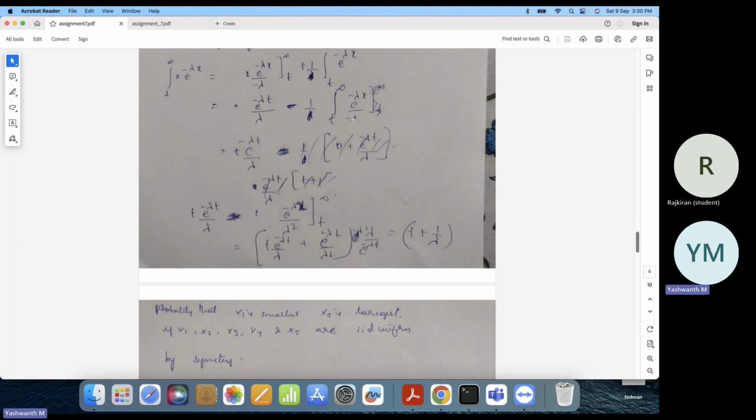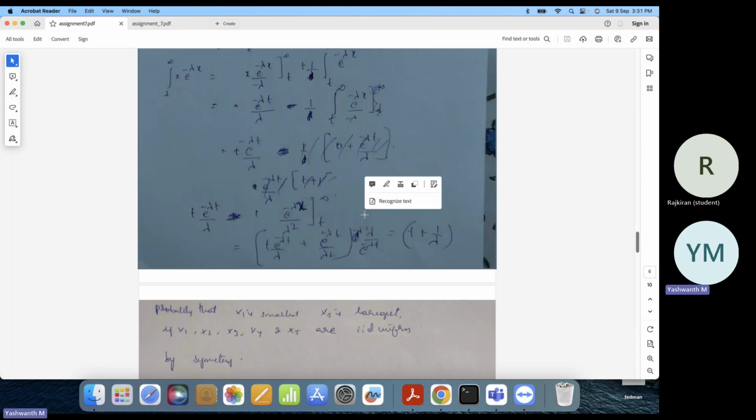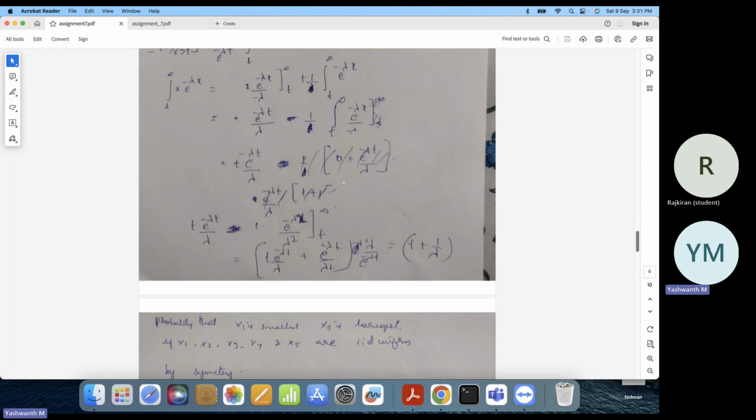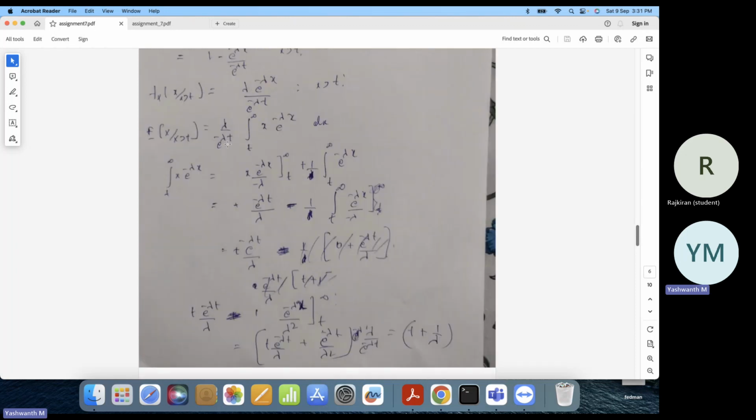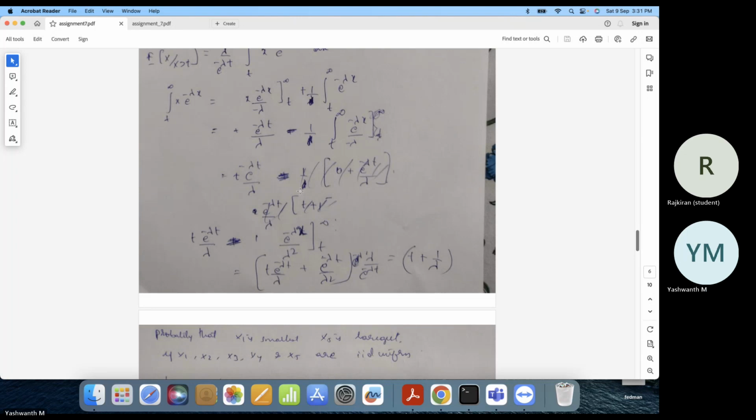Again, when you take the integral, it becomes minus lambda times minus lambda equals lambda square, and substituting the limits from t to infinity gives you this term. But then you have to multiply it with lambda by e power minus lambda t. So that will give you t plus 1 over lambda.